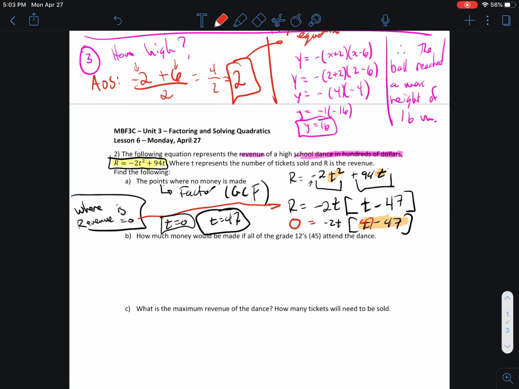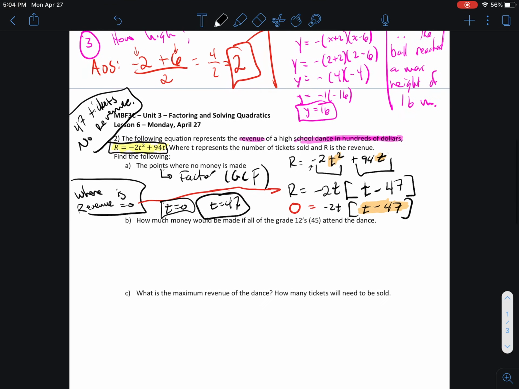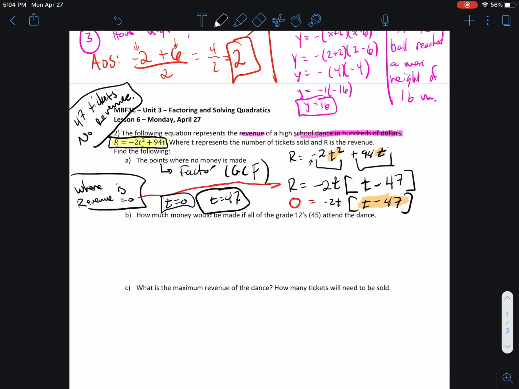Okay, so I know that these 2 answers are good, and those would be the 2 points where there'd be no profit, or no revenue.